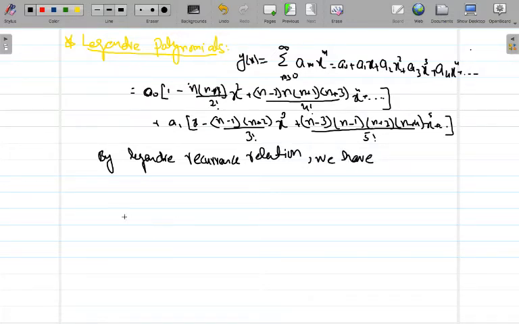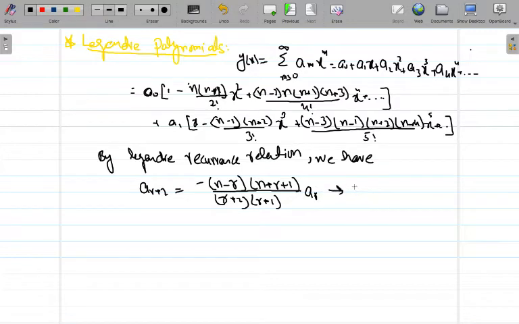We have a(r+2) is equal to minus (n minus r) into (n plus r plus 1) divided by (r plus 2) into (r plus 1) a(r), where, for example this is equation 1, r is equal to 0, 1, 2, 3 and so on, and n is any real number.